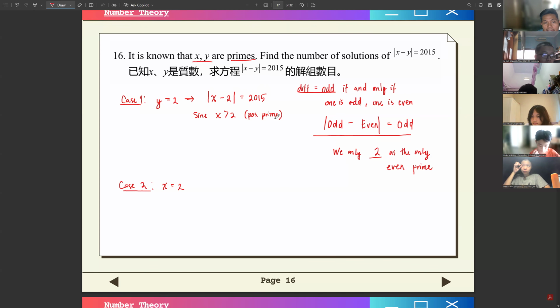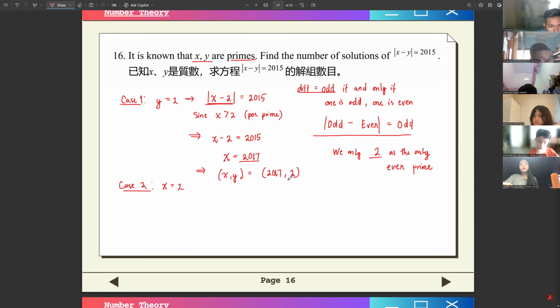Meaning, this entire thing is just a positive value, so you can take it out of the absolute value. We can just write this as x minus 2 is equal to 2015. Meaning, our x is equal to 2017. Therefore, we have the solution x is 2017 and y is 2.